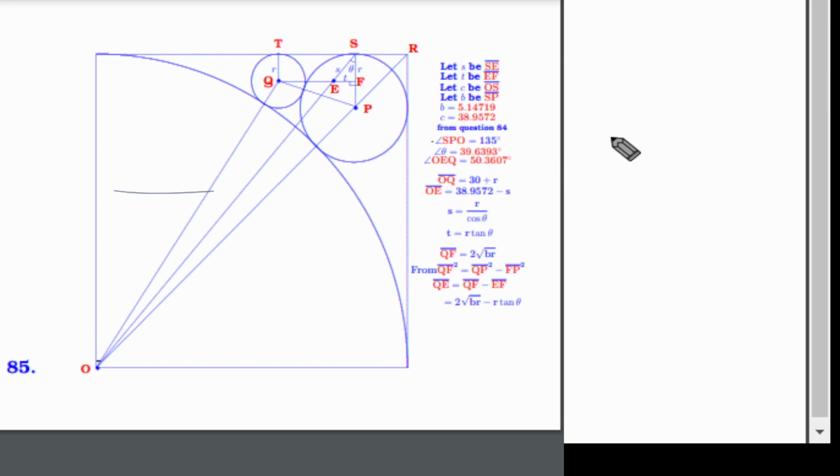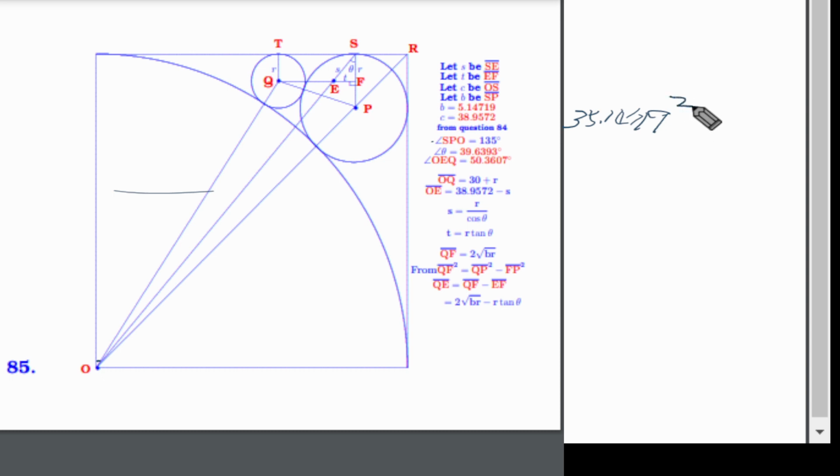Now using those values, you can make another law of cosines. Let's say PO was 35.14719.